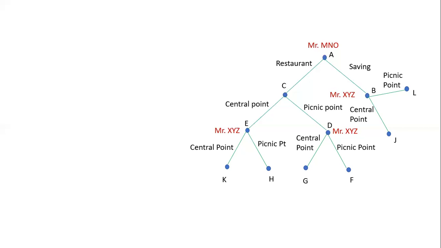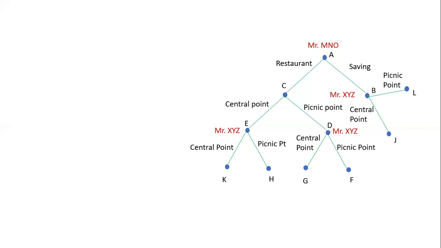Then, if he opens the restaurant, the game moves to point C. Now again, he has to make a choice between opening it at center point or at picnic point. So the total moves available to player MNO, which we call actions, could be opening a restaurant at central point, opening a restaurant at picnic point, or opening a saving account.